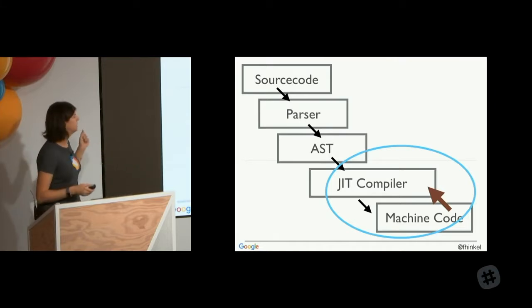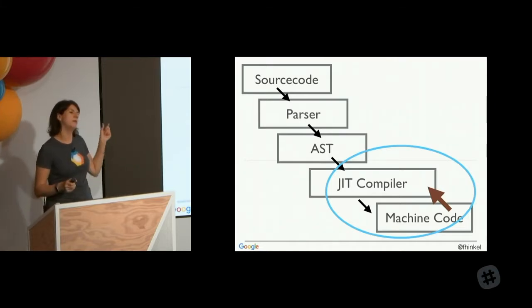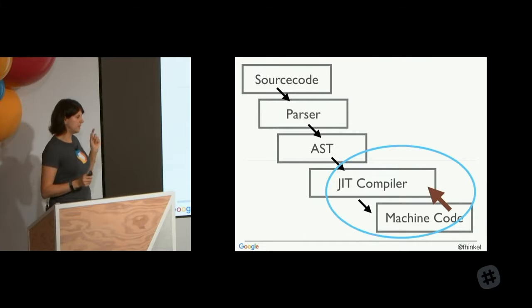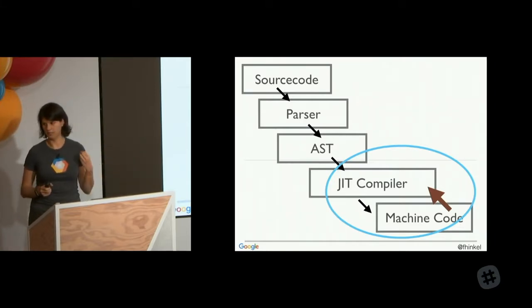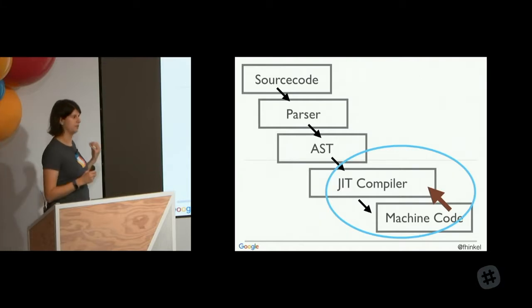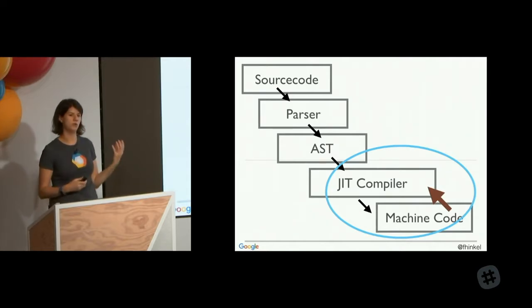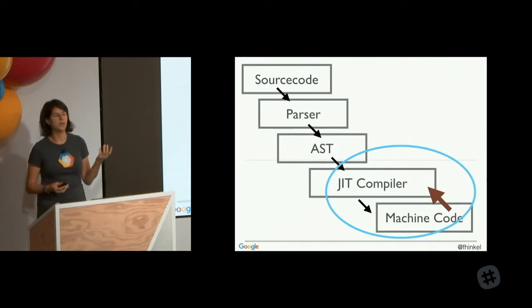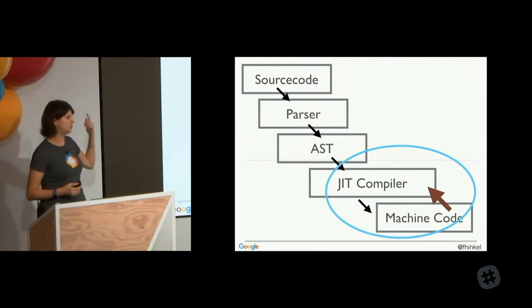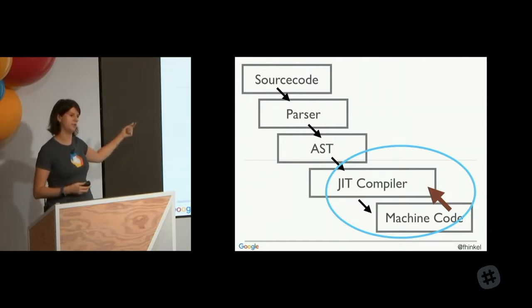Well, the big trick here is that by running some of the code, the compiler can gather information from runtime, some runtime feedback. This is information that the compiler doesn't see by looking at the source code or the abstract syntax tree. It only gets it from running the code. And then this runtime feedback is used in the next compilation step.